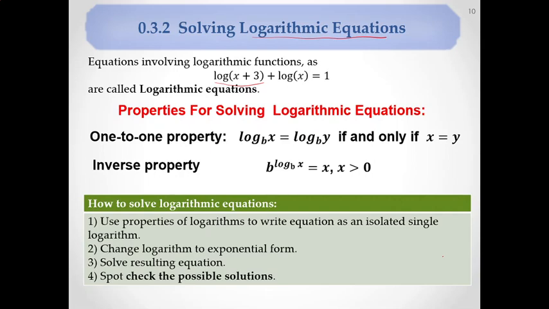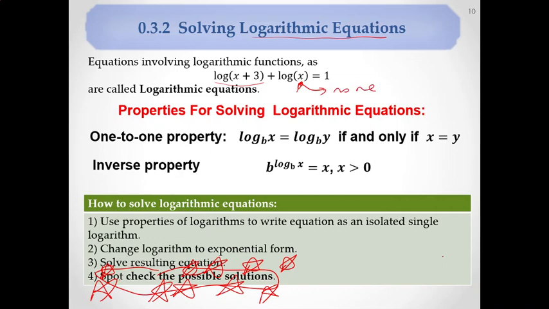And the important thing here is we check the solutions. In exponential equations, we never check the solutions because when it is a power, all numbers are accepted, negative or positive. But if it is a logarithm, you cannot have something negative inside. No, it's not accepted.